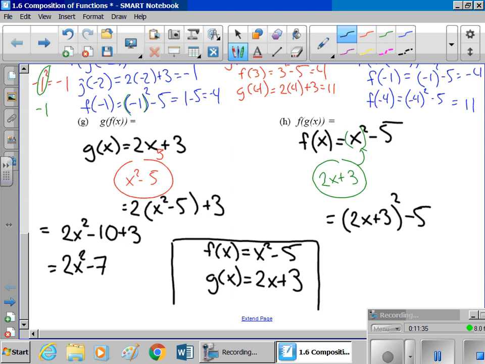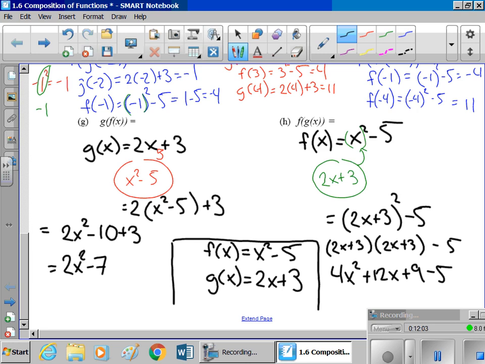I'm assuming you'll be able to do this pretty easily, but when you multiply 2x plus 3 times 2x plus 3, because that's what it means to square something, you get 4x squared plus 12x plus 9 minus 5.